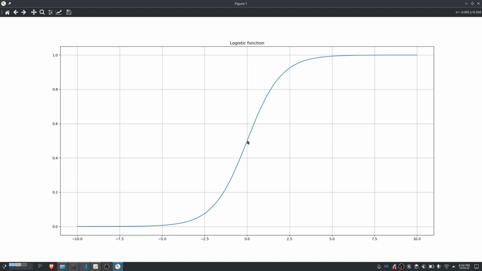And if you look at this, if instead of looking at f of z, I looked at f of a times z, then by changing a, you can make it look almost like a threshold function. What happens if I increase the value of a?